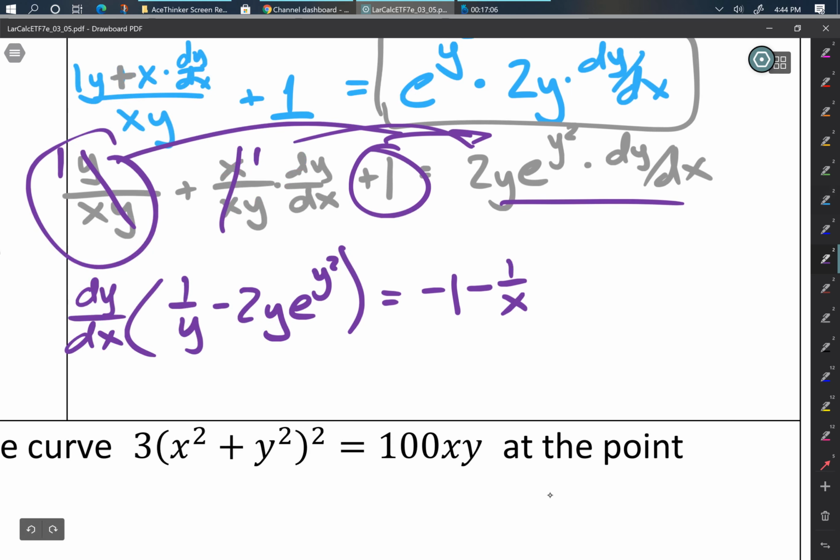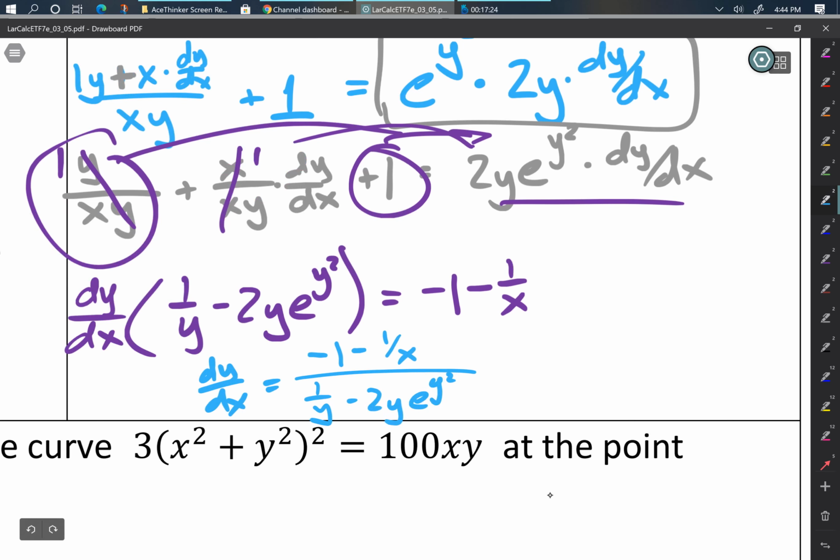I don't want dy/dx times that junk, so I'm going to divide both sides. I get dy/dx is equal to negative 1 minus 1 over x, over 1 over y minus 2y e to the y squared.